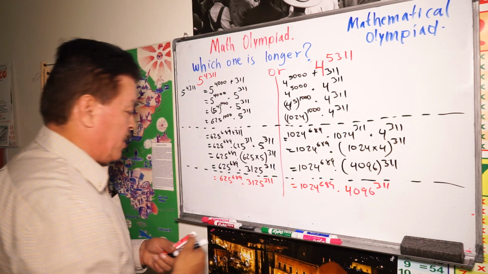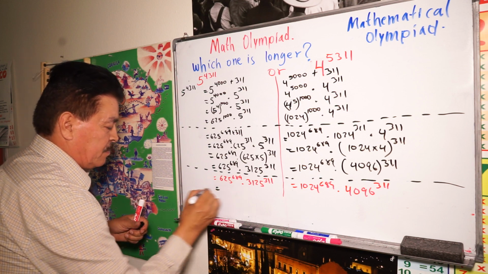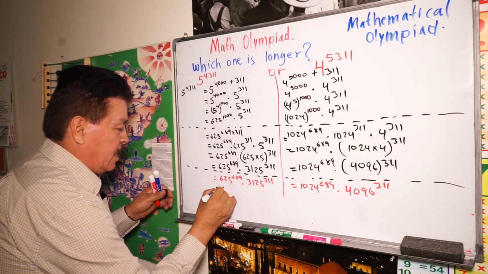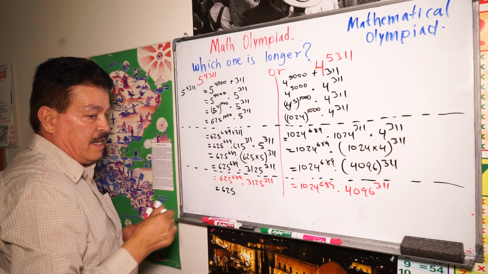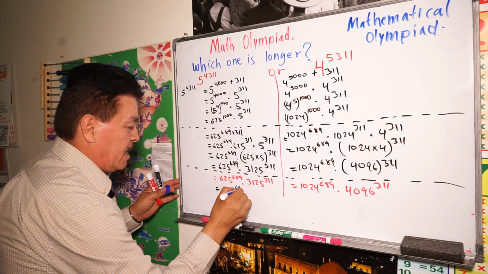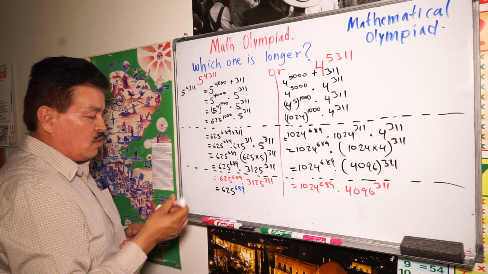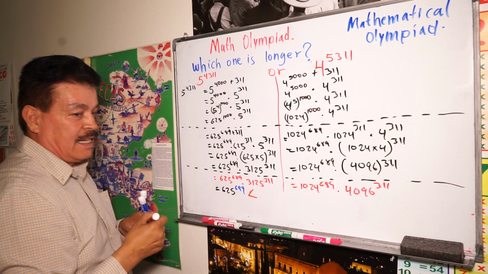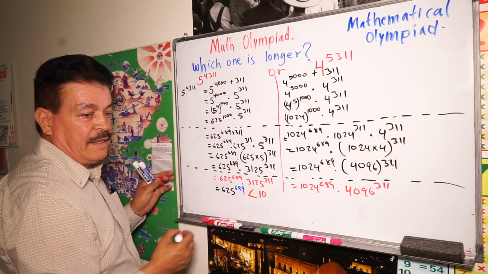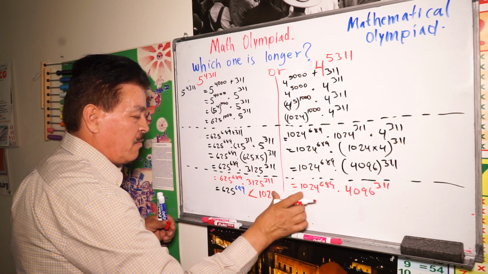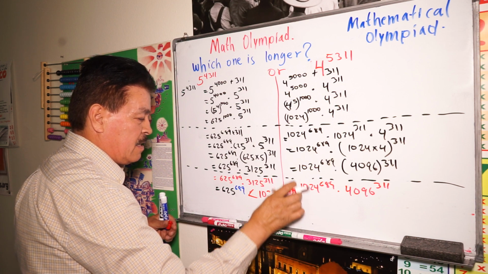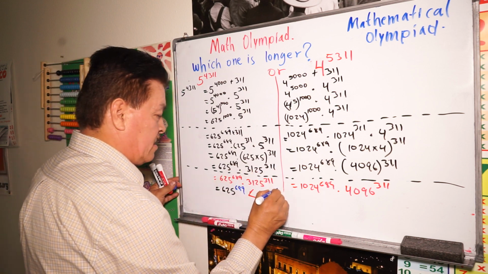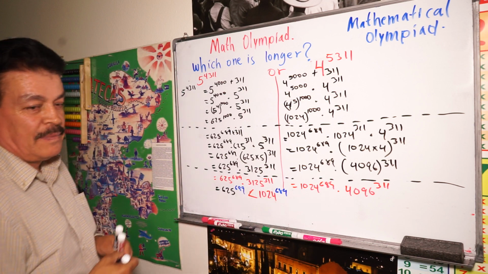You work with that. Look at this: we are going to have here 625 to the 689 is going to be less than what number? Than 1024 to the 689.